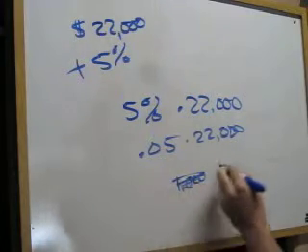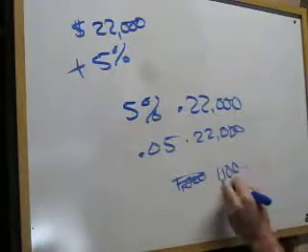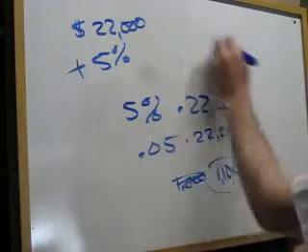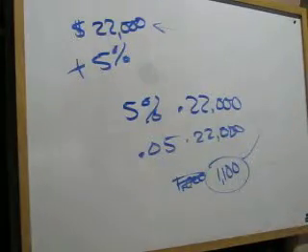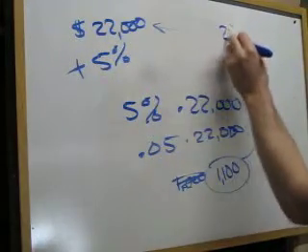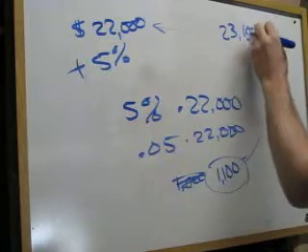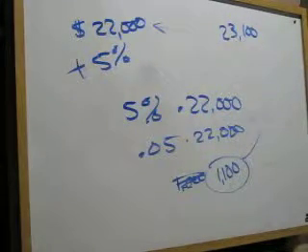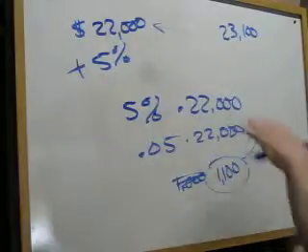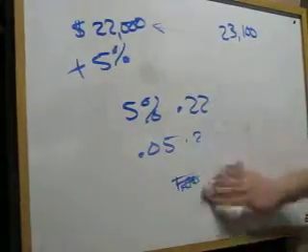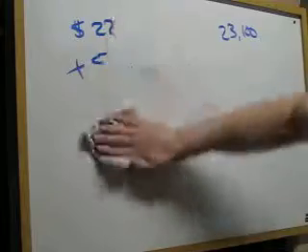That's the increase. So we're going to add that to the 22,000, and that's going to give us our new salary of $23,100. So when we're doing these problems, you're going to notice a lot of times you're finding an increase or a decrease, and then you're going to have to add it to the original amount.